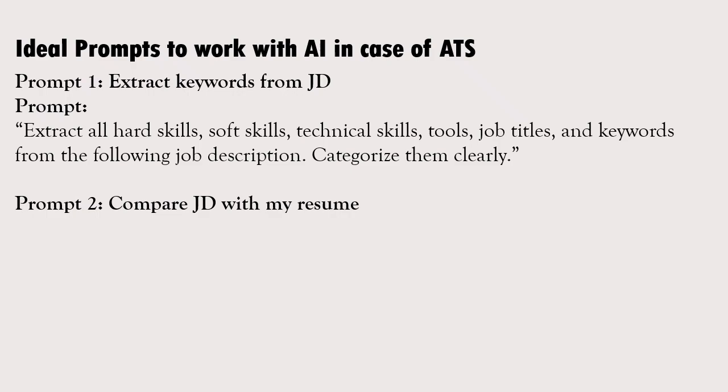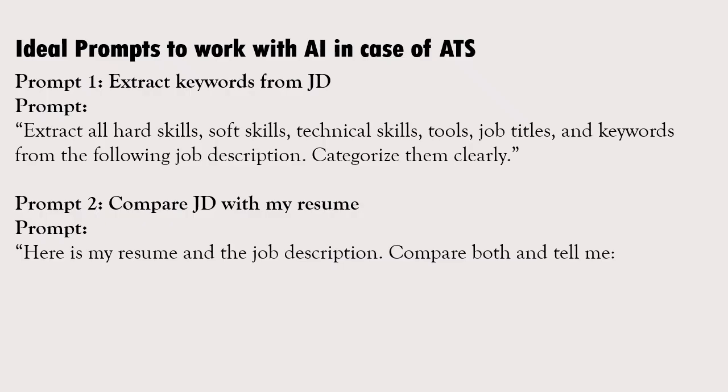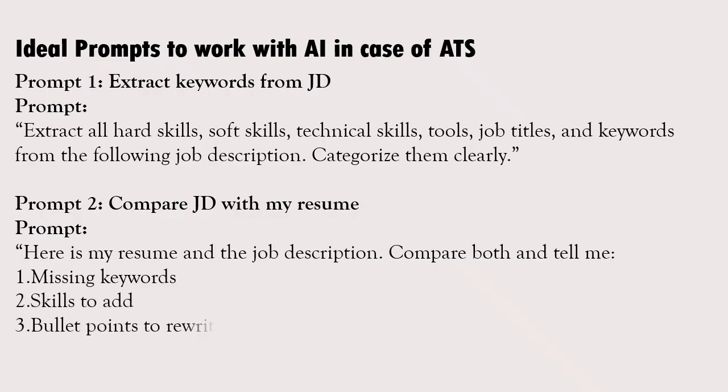Prompt number 2: compare JD with my resume. You can give this to the AI so that it will ask for your resume as well as the job description, and it will help you to compare. The prompt is: here is my resume and the job description, compare both and tell me the missing keywords, the skills to add, and the bullet points to rewrite.